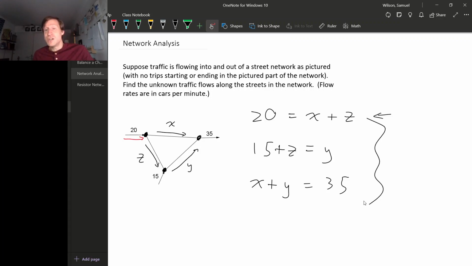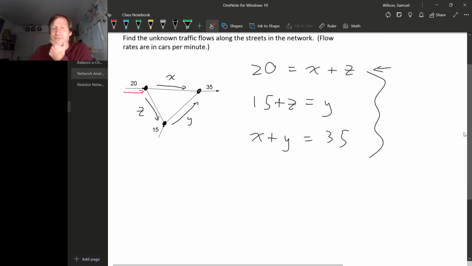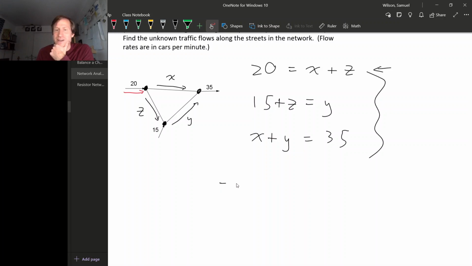This isn't a homogeneous system, so let's rearrange it so that all of our constant terms are on one side and all of our variables are on the other side. Just for consistency's sake, let's move the variables to the left and the constant terms to the right. So that's going to give us minus x minus z equals minus 20 for this first equation.